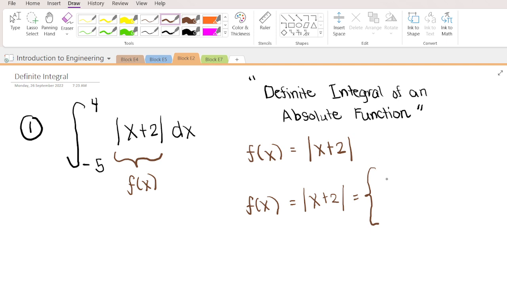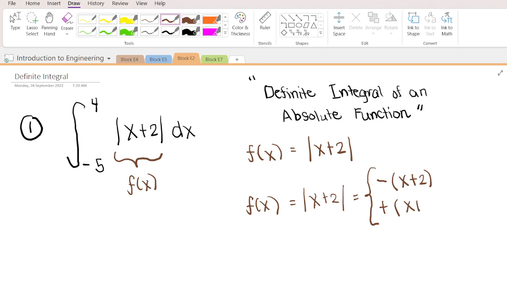To form an absolute function, you just write two functions: the negative equivalent of the entire content inside the absolute value bars and the positive content.